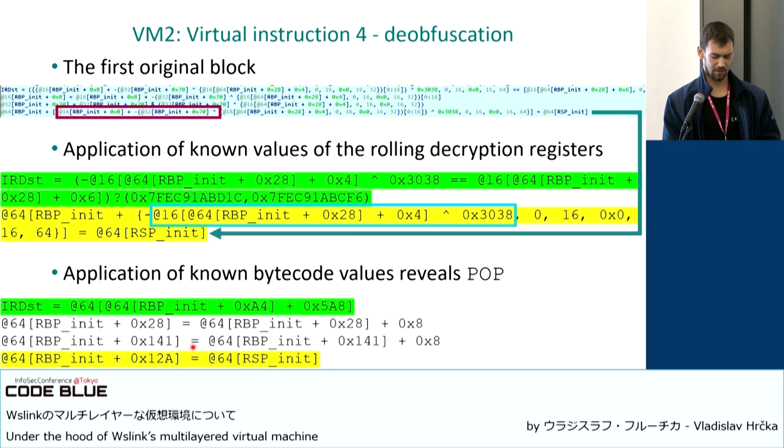And at the end, we store a value that is on top of the stack inside of a register, which basically means that this is a pop instruction, because here we increase the stack pointer and here we pop the value, and it is atomic, so it happens at the same time.